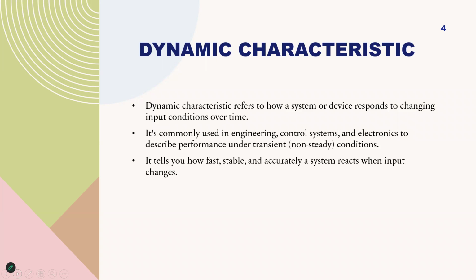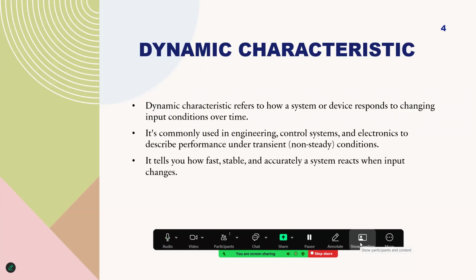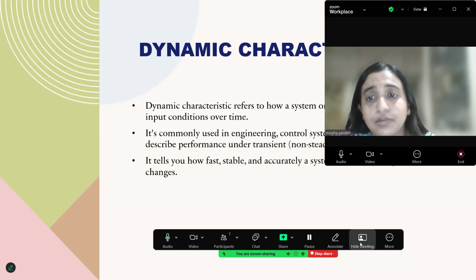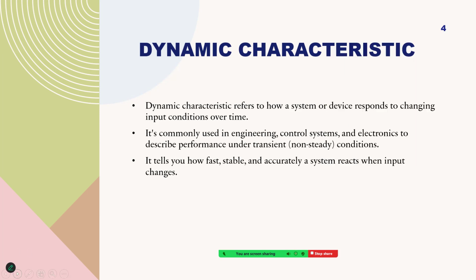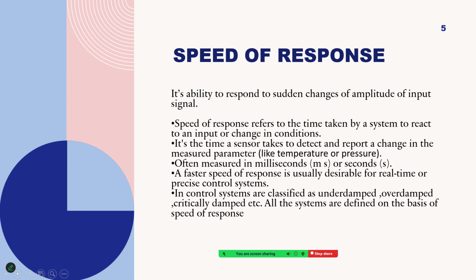So, dynamic characteristics are nothing but characteristics which are studied with consideration of time. In static characteristics, we were not considering the concept of time. So, how fast and accurate will a system respond when the input is constantly changing with time?